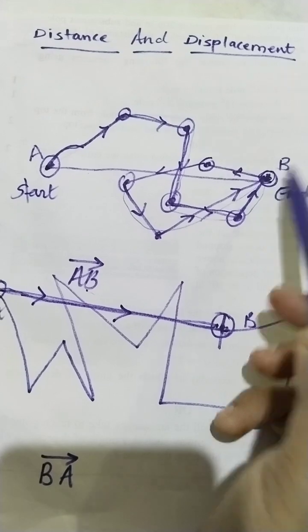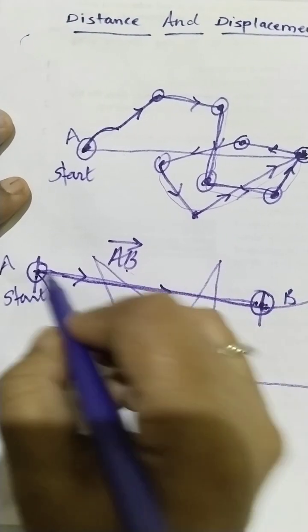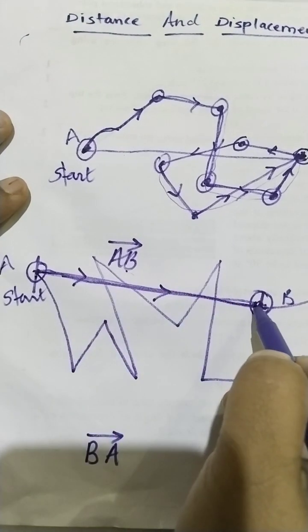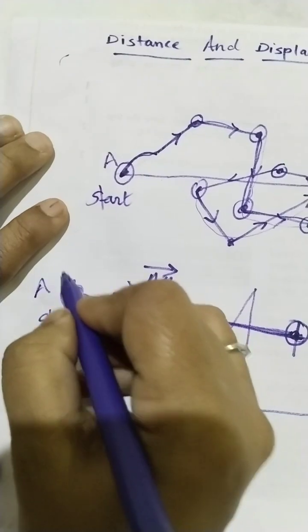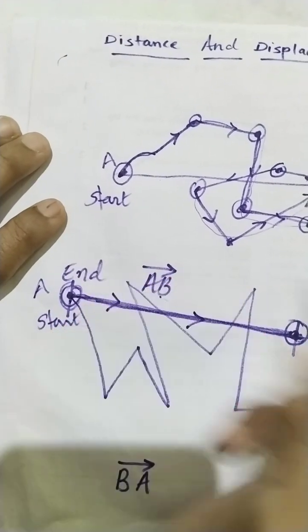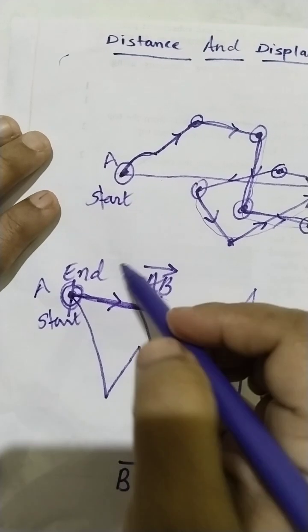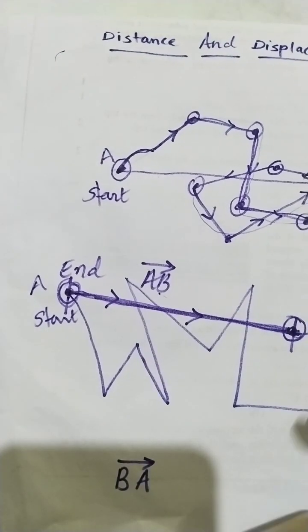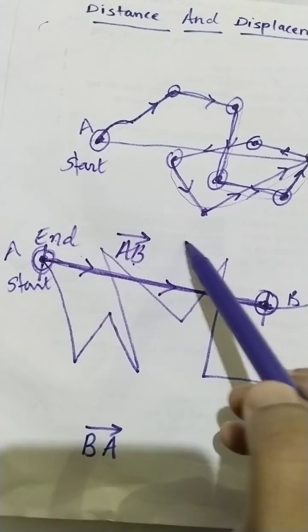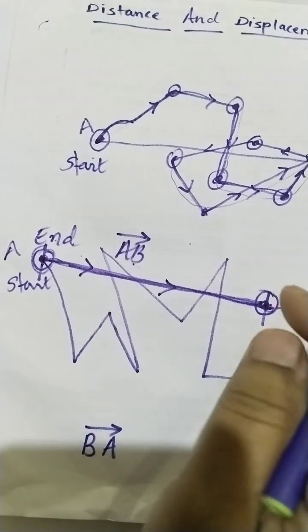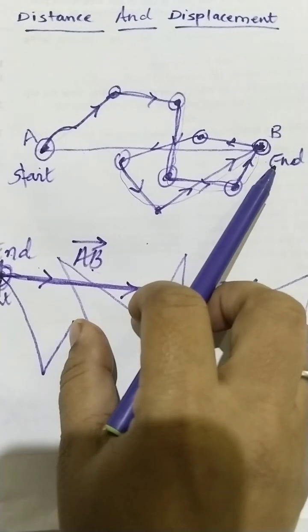So if the start point and end point are the same, if a person goes to B and comes back to A, in that case the displacement is 0, because displacement is the shortest distance between the start point and the end point.